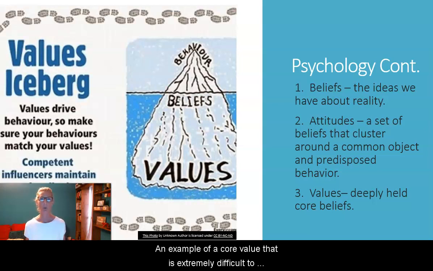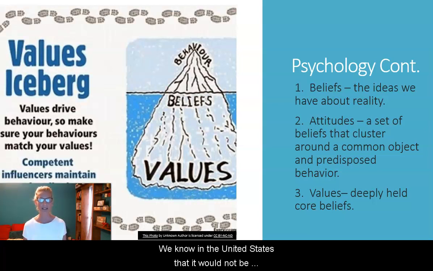An example of a core value that is extremely difficult to change is our attitude toward children in the United States. We could generally agree that as a culture we value children. Now, that doesn't mean that there isn't any type of violence toward children. We know that there is, but generally speaking, as a culture, we value children.